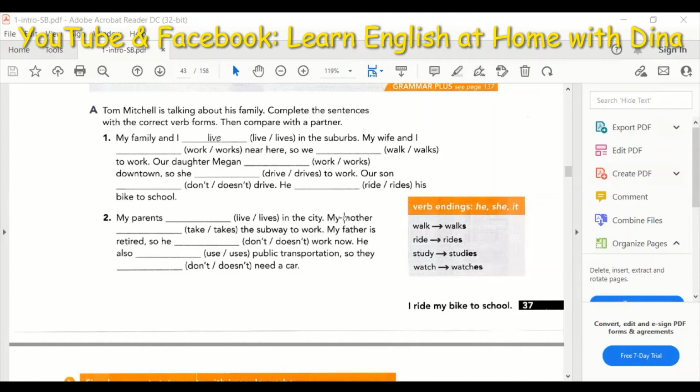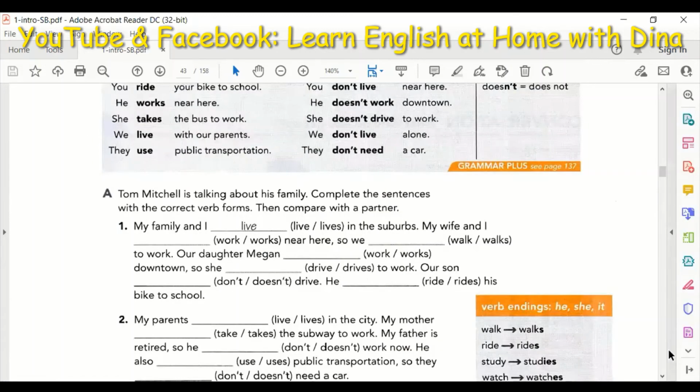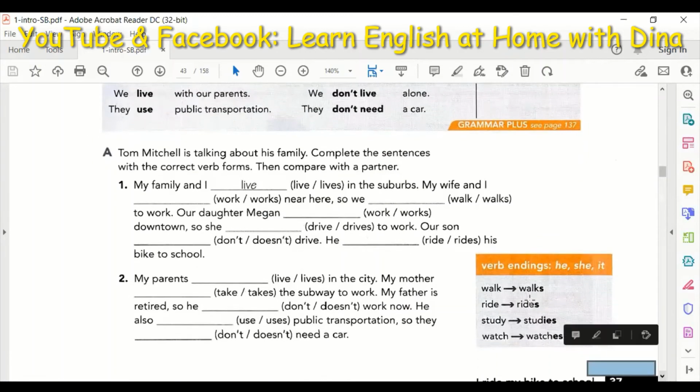Let's look at these verbs. خلونا نشوف بسرعة الأفعال اللي في الجرامر بوكس دي. الverb endings اللي هي نهايات الفعل with he, she, and it. For the verb walk طبعا يعني يمشي. So easy. I just add an s.